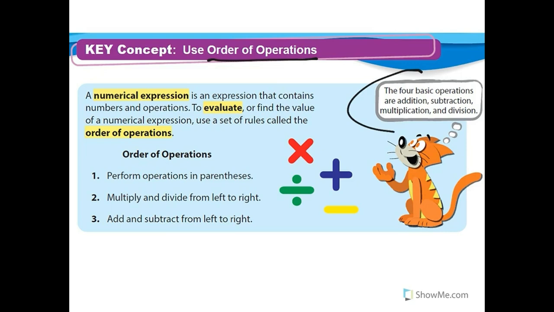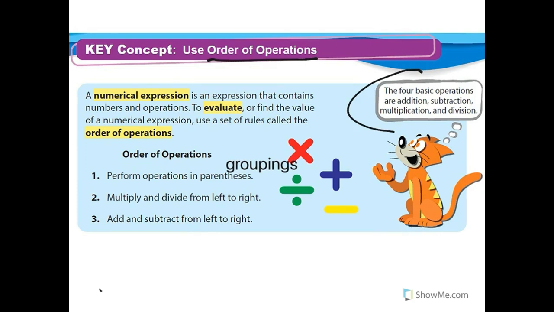Now, I'm also going to say this word, groupings, because sometimes it's not just parentheses, it's things like brackets, right? So we perform all the operations in groupings. For now, we're going to say parentheses. All right? So perform operations in parentheses, multiply and divide from left to right, add and subtract from left to right.